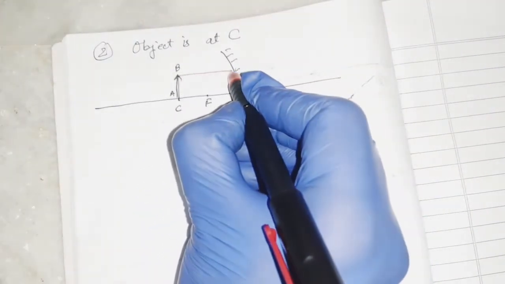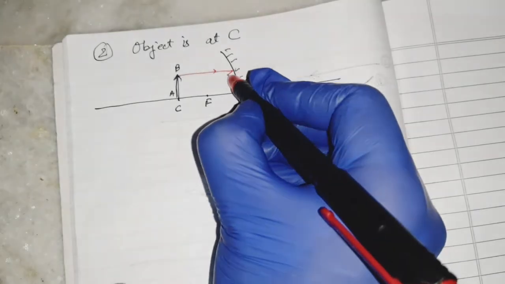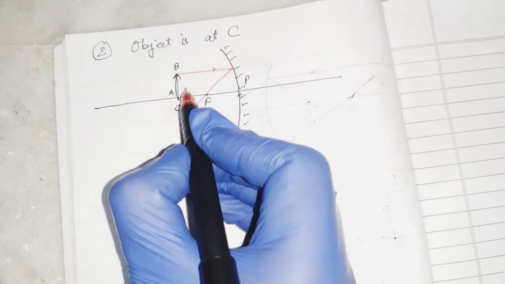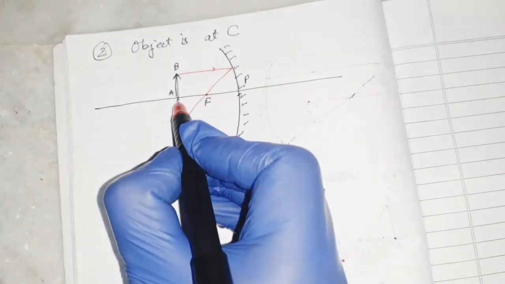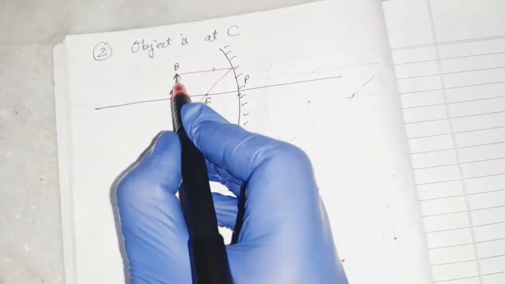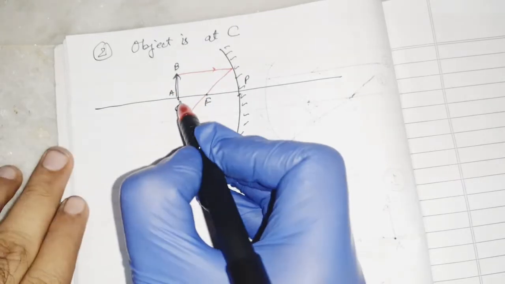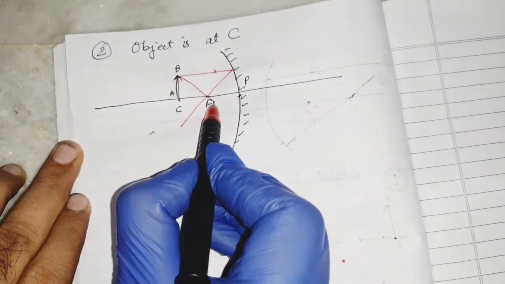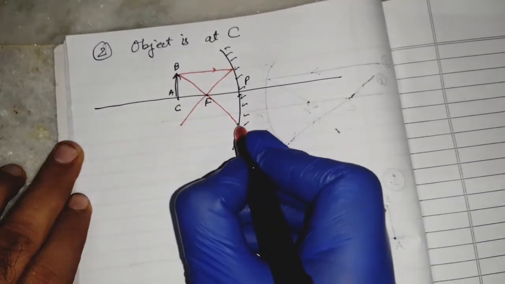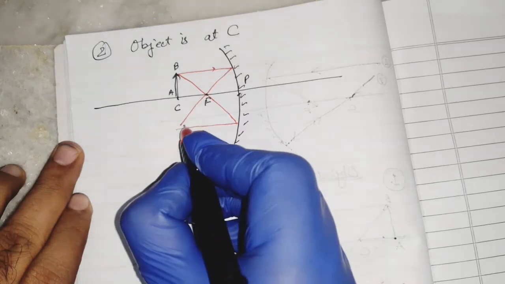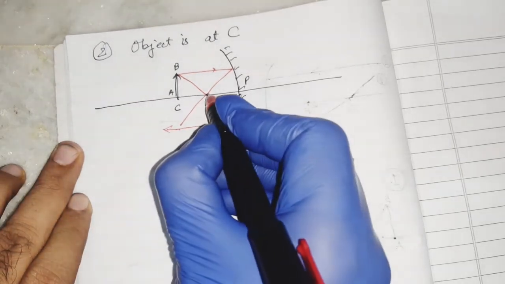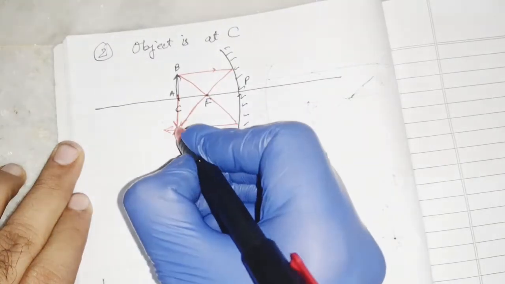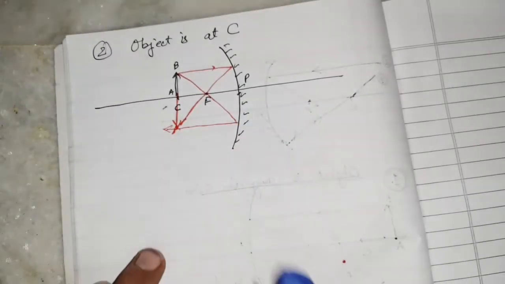Now see where the image is formed. This is your first ray. It passes through F. Now the second ray must pass through C, but here you cannot draw it, so you can draw one more ray. It passes through F and goes parallel to the principal axis, and you see where the image is formed.